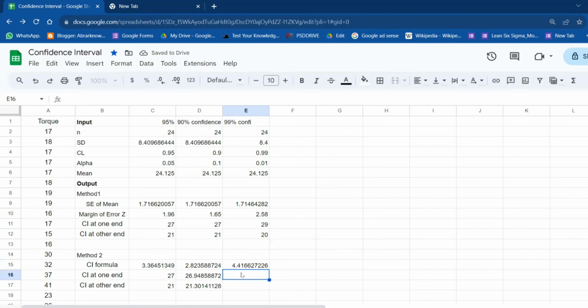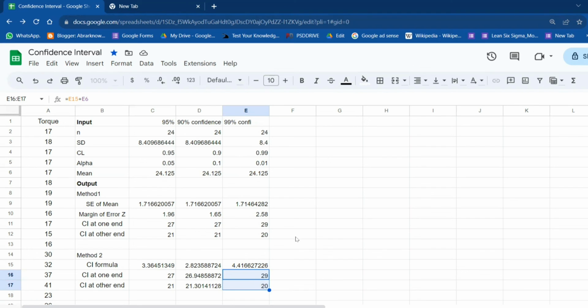And similarly, you can find out this plus your mean and this. So that means the same value we are getting. So you can see that if we are 99% confident, the value will be between 20 to 29. The torque value will be 20 to 29.